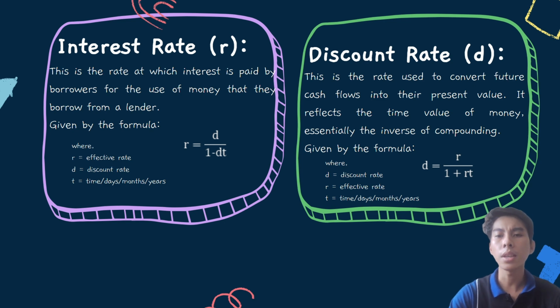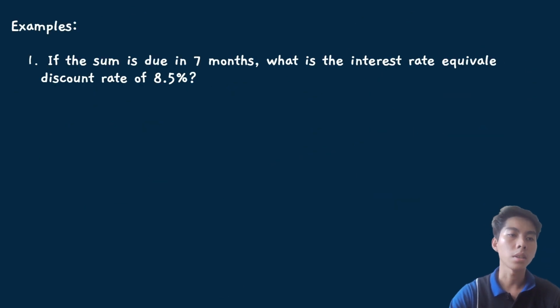So to further understand, let's try to solve some basic examples in real world applications. For our example number 1, if the sum is due in 7 months, what is the interest rate equivalent to a discount rate of 8.5%?